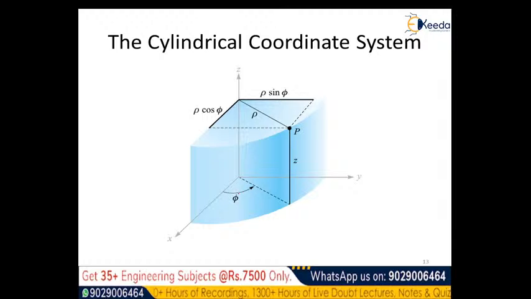So all the parameters for both of the coordinate systems were shown in a single diagram, and by using the rules of trigonometry like the cosine and the sine ratios and the Pythagoras theorem to determine the length of the hypotenuse in a right angle triangle, here we had the conversion formulas.